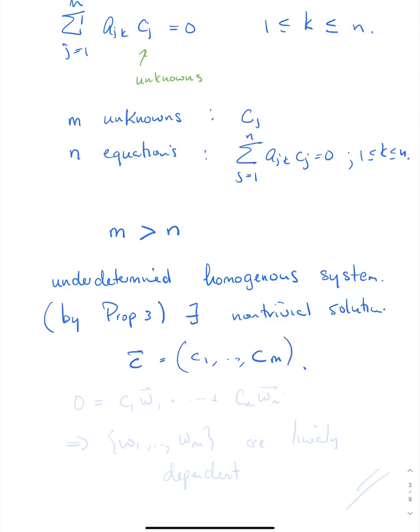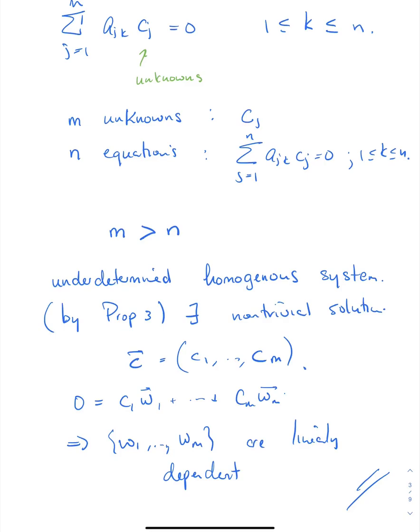Okay, so we've got non-trivial solutions that solve all of these equations, and this means that there's a non-trivial solution to this equation. So the W1 through Wm are linearly dependent. That's the end of the idea.